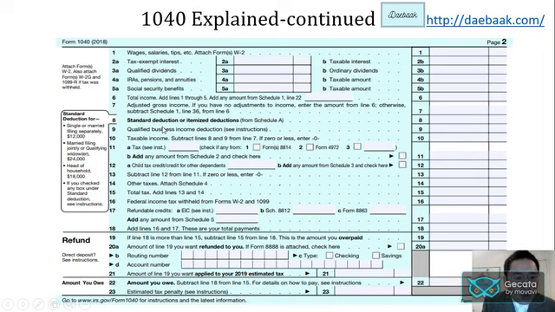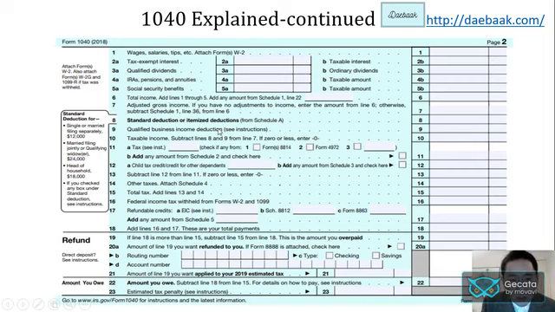And you will choose whether you will use standard deduction or itemized deduction. The standard deduction is usually $12,000 for single or married filing separately, or $24,000 for married filing jointly or qualifying widower.